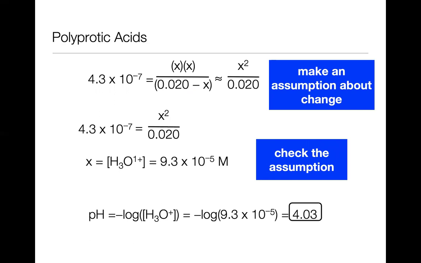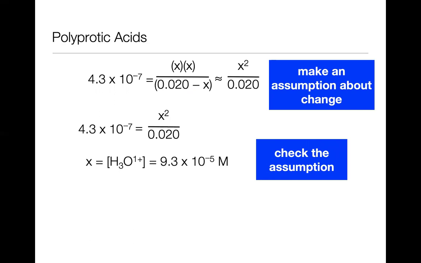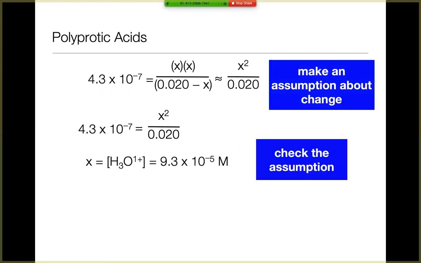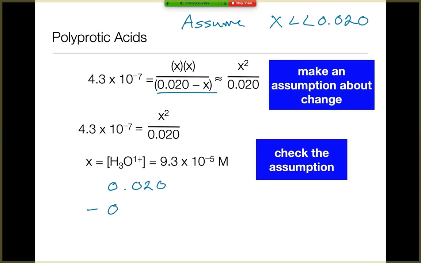Let me go back just a little bit. We can double check. We said assume x is much, much less than, and what am I comparing it to? 0.020. So if I set up my check, 0.020 minus, and I'm going to subtract this number, 0.000093, to see if it affects that concentration overall.